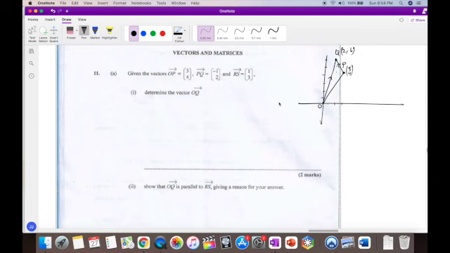So how do we get 2, 6? How do we get OQ? Well, we took the point P and we added the vector PQ. Right? So the point P was 3, 4.